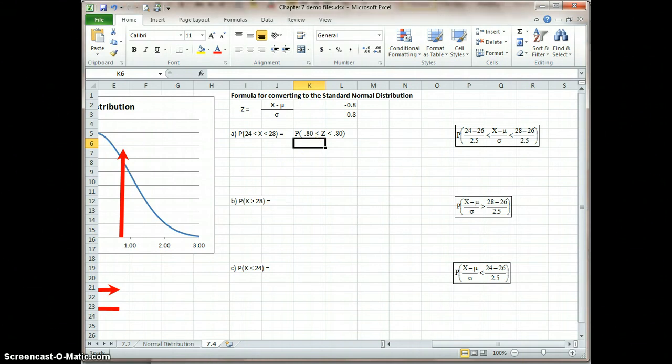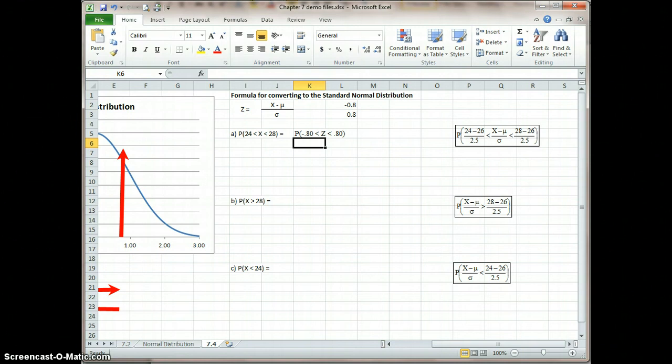I'm just going to pause for a second. Now that we know the z-scores, there's a couple different ways to look at this. The first thing I'm going to show you is how to use the tables in the back of your book. If you go to page 310, which is Appendix B, it's got z-scores. The left-hand column goes from 0.0 down to 3.0.